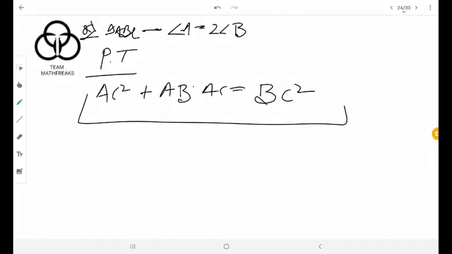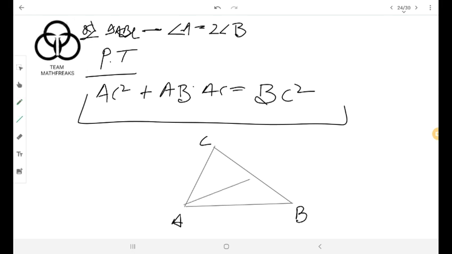Let's try to draw the diagram. We have triangle ABC. This is A, this is B, this is C. Am I correct? Are you getting my point?